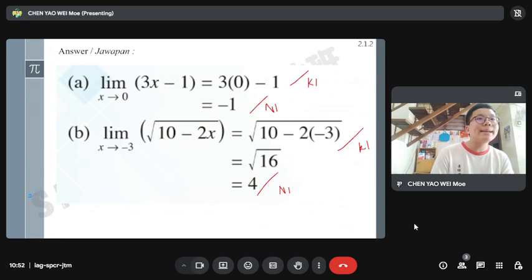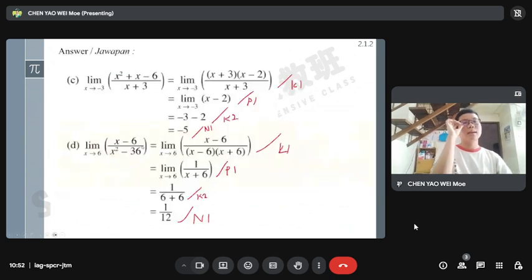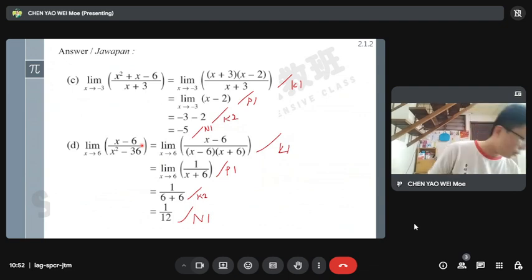But in some cases, I cannot get the answer and I get 0 over 0. What do we do? Let's see example C: (x squared plus x minus 6) over (x plus 3).